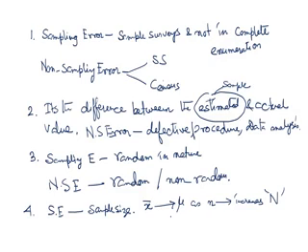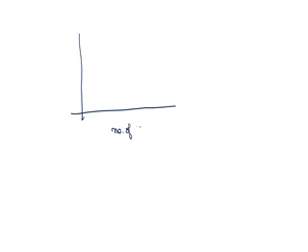So many authors express sampling error and non-sampling error with the help of a graph like this. It tells that as the number of units you study increases, the sampling error has a tendency to come down like this. So sampling error will come down as the sample size increases.